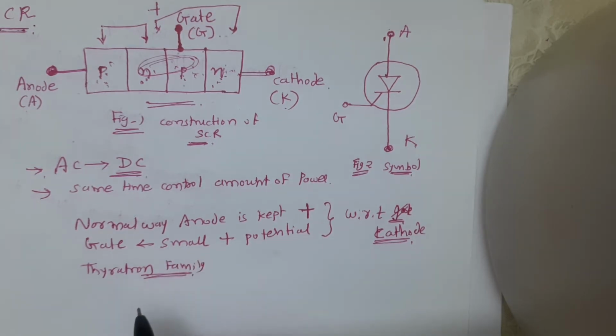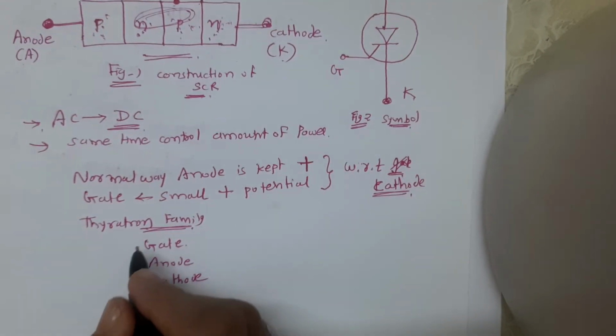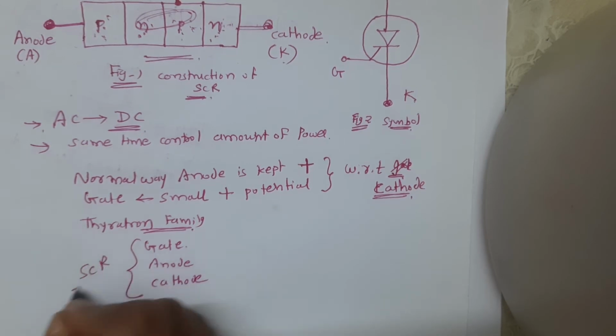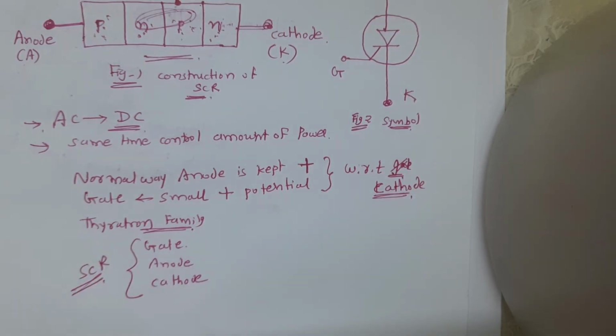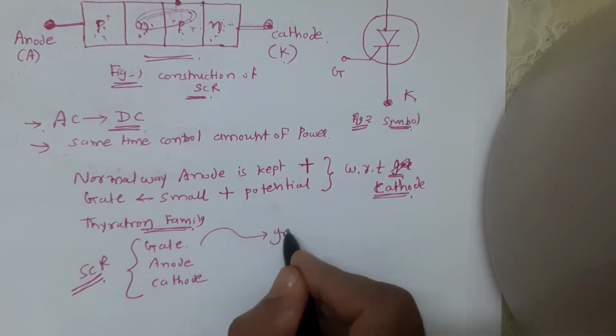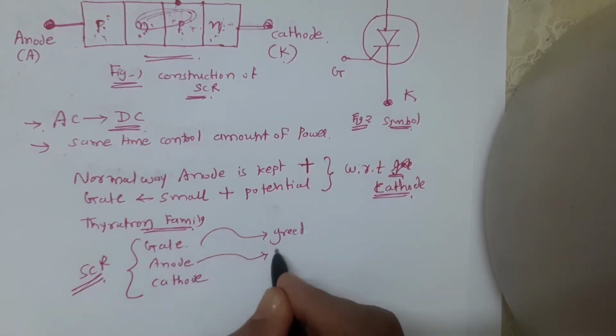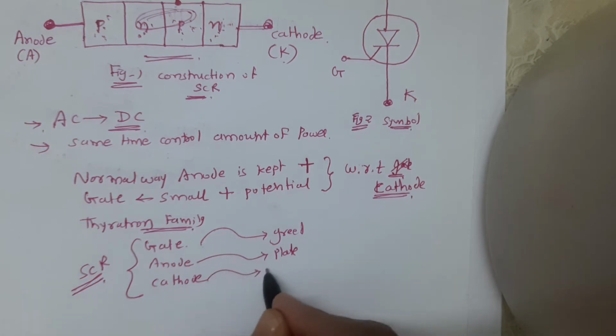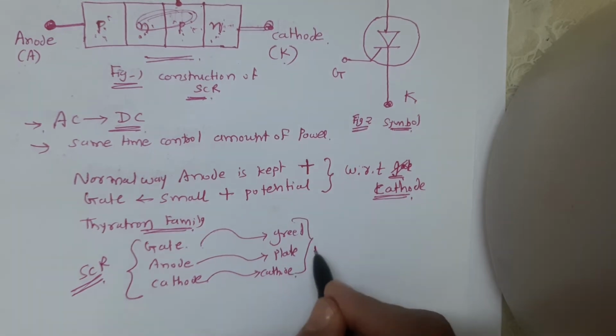The gate, anode and cathode of the SCR correspond to the grid, plate and cathode of the thyratron.